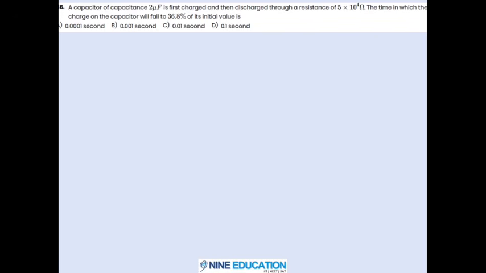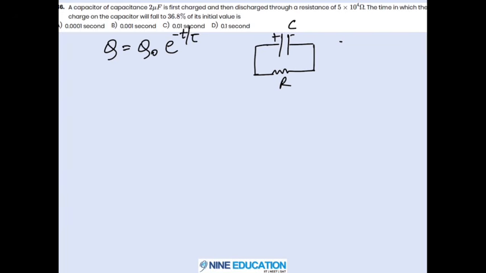through a resistance. So if you remember, the equation is something like this. Q is equal to Q naught into e to the power minus t by tau. This is when a capacitance is getting discharged through a resistor, where this is C and this is R, where tau is RC.